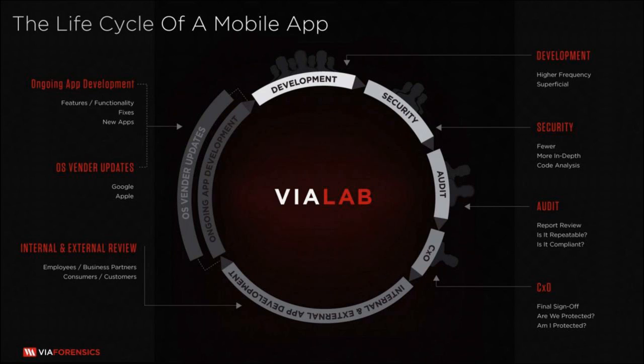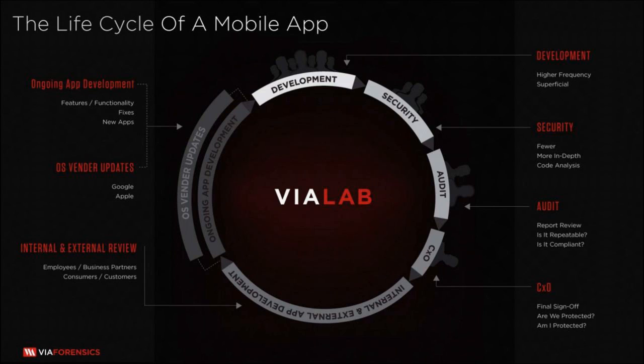Because these assessments were so time-consuming, we realized that we were limited in the number of assessments we could perform. So in order to keep up with the growth in mobility, we either had to hire more people or begin to automate the process. So with the development of viaLab, we realized that not only could we increase the number of assessments completed, but we could also provide this as an option for our clients to perform this testing themselves.